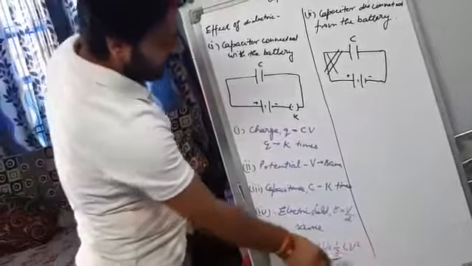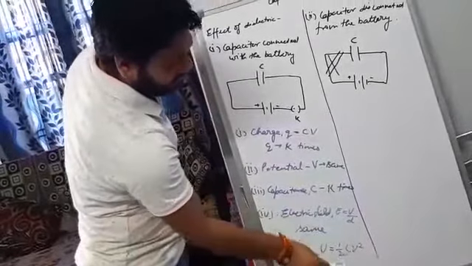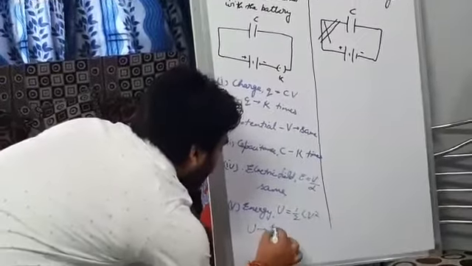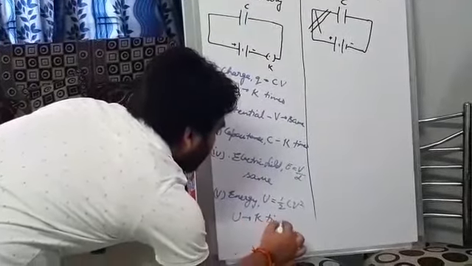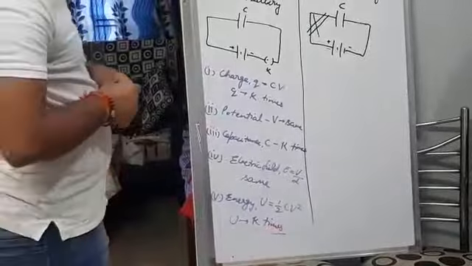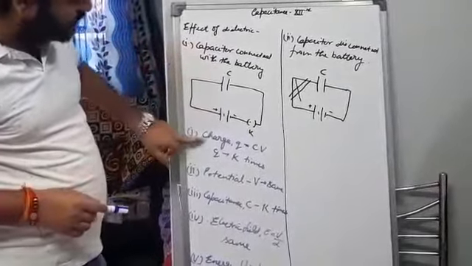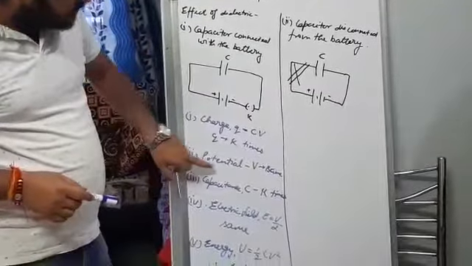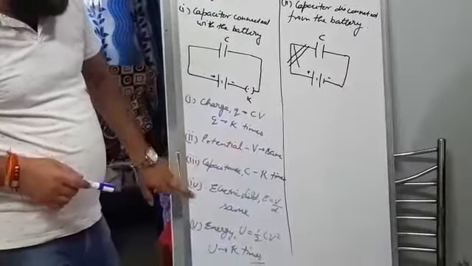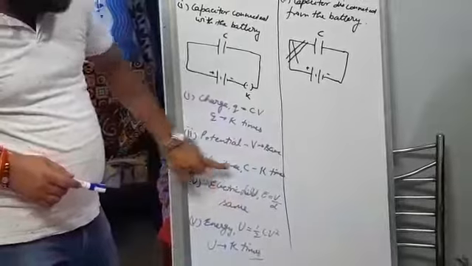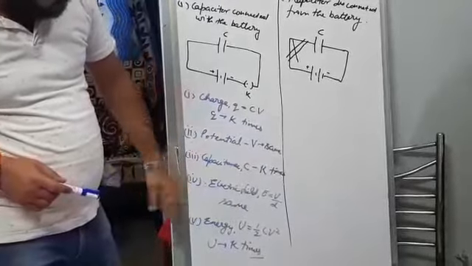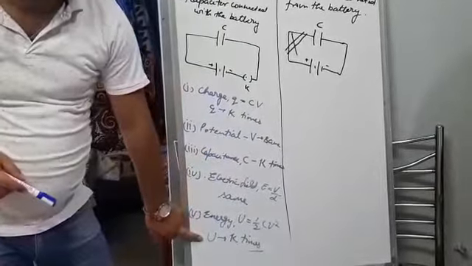V is the same, C becomes K times, so obviously U also becomes K times. So whenever you introduce a dielectric when the capacitor is connected with the battery, the charge becomes K times, potential is the same, electric field is the same, capacitance becomes K times, and in the same way, energy also becomes K times.